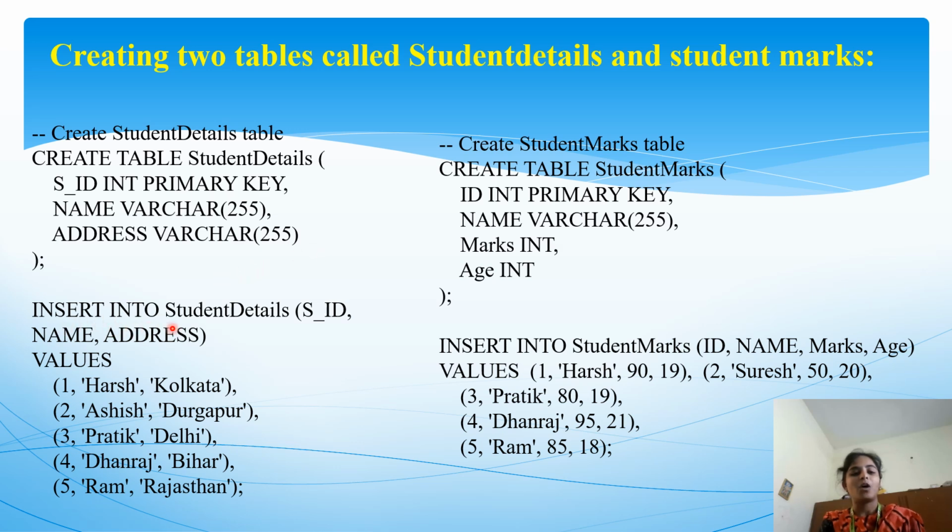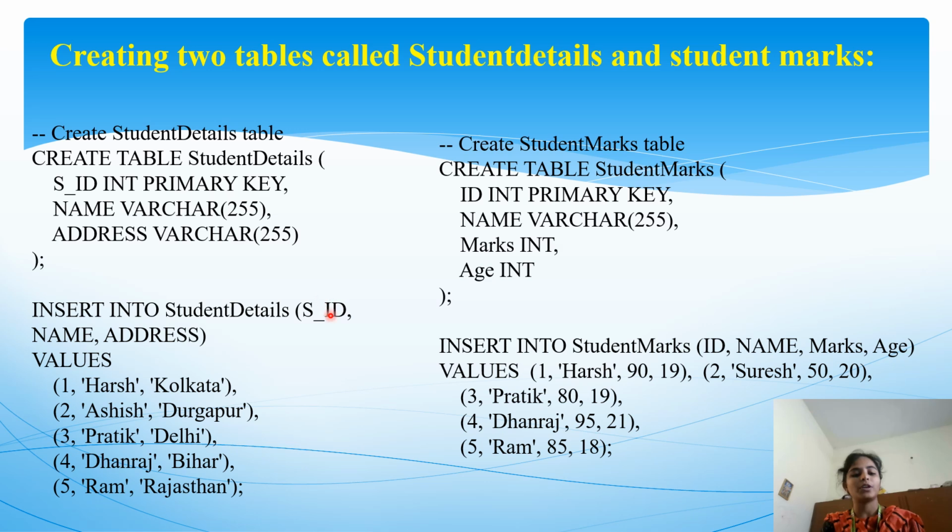Next, how to insert rows into a table. Here, for insert, there are 3 to 4 types of syntaxes for creating rows. Let us see one, considering the table. Insert into student details, SID, name, address.